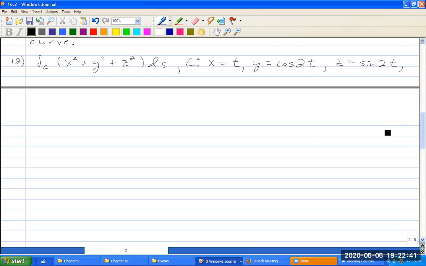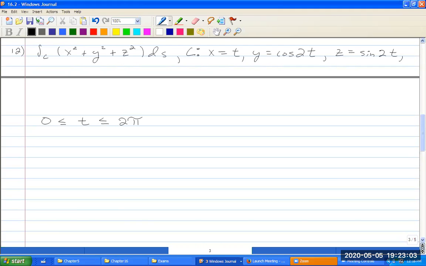Oh, and oops, I have to have that t is between 0 and 2 pi. Okay, there. Now I can do it.